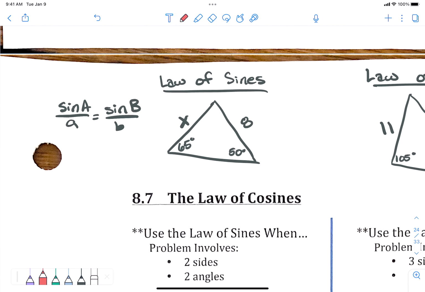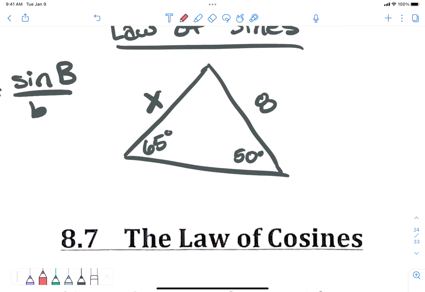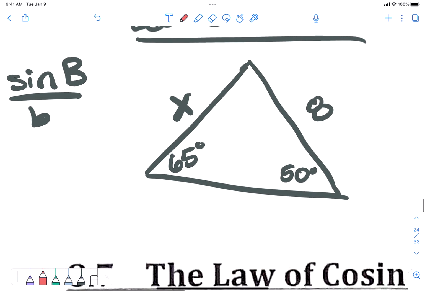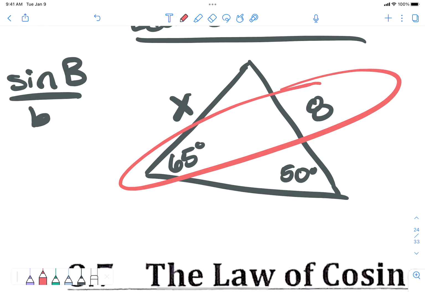This law of sines you use when you have one group that you know everything about, okay? Looking at this triangle, I have an angle and I know the value of the side that's opposite it. Which group do I have there? 65 and 8, okay?